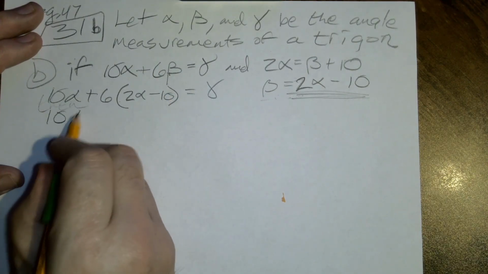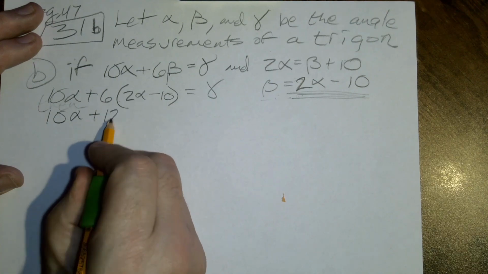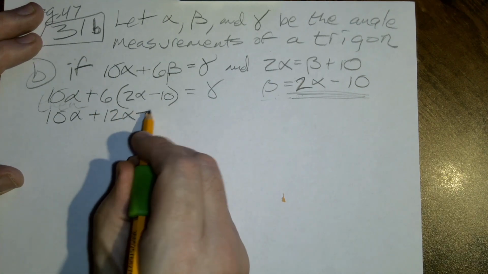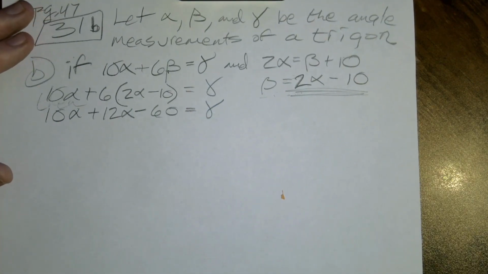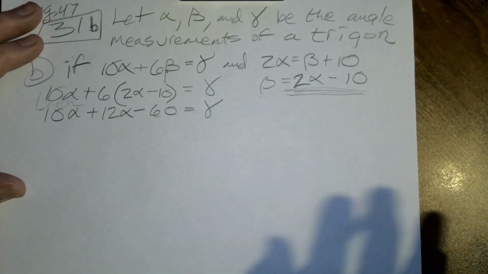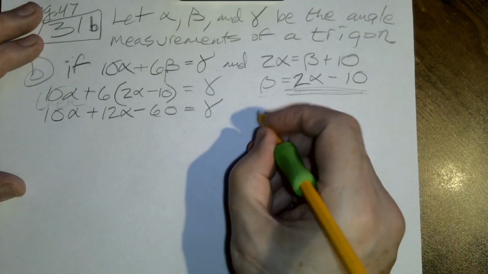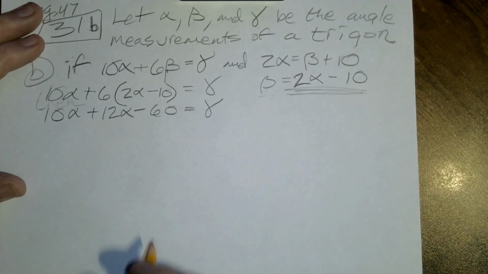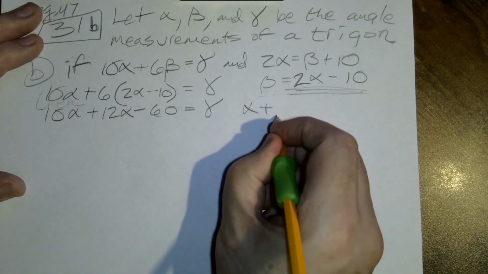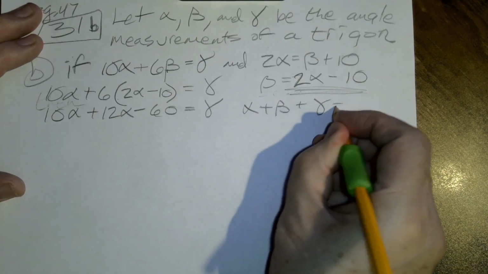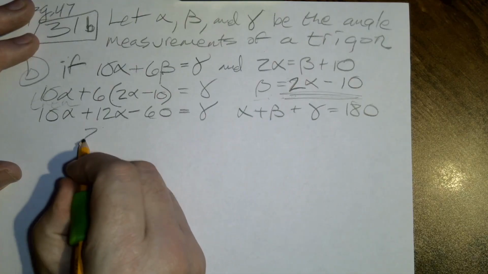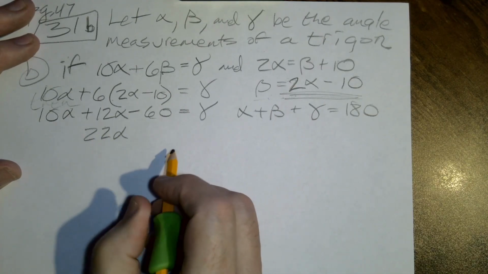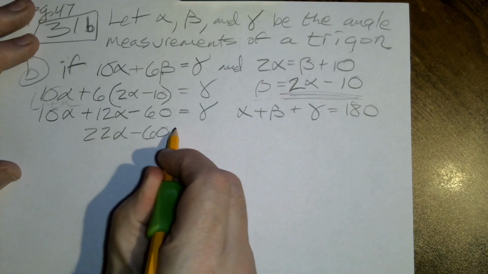So we have 10 alpha plus 12 alpha minus 60 equals gamma. Here we have 22 alpha minus 60 equals gamma.